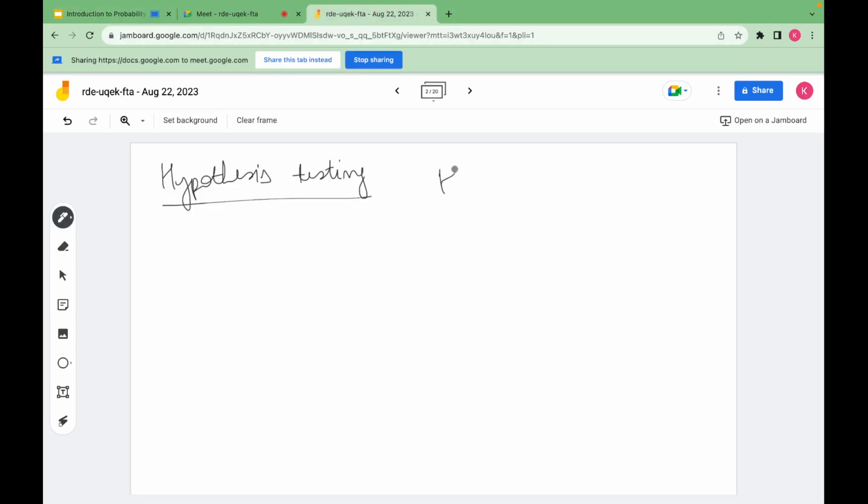So H naught will be that there is no significant linear correlation, and H1 will be that there is a significant linear correlation. Alpha is given 0.5, sorry, 0.05.